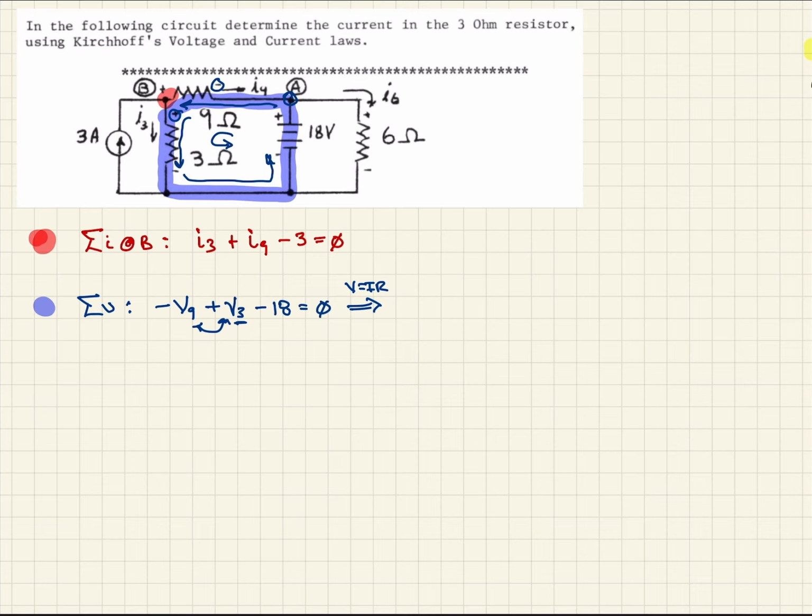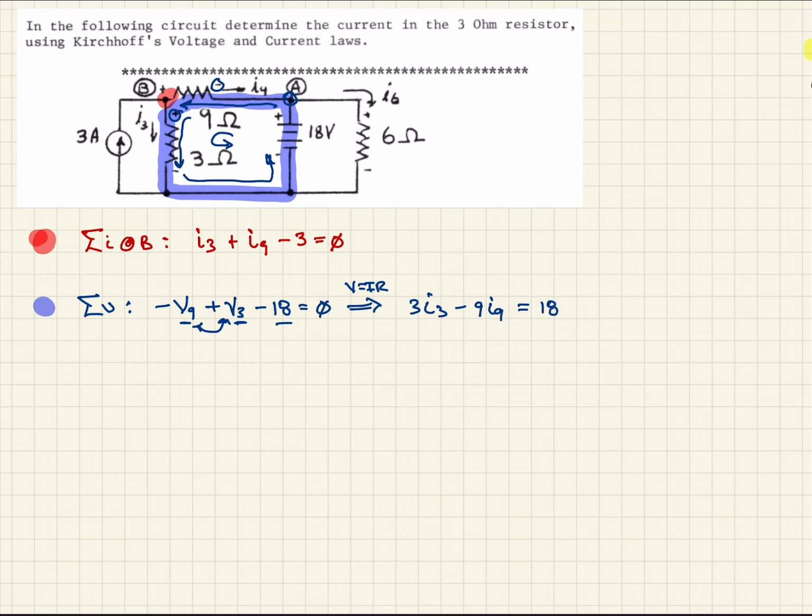So the I is I3, and the resistance is 3 ohms. So that's that component. Next we have our minus V9. So now that's going to be minus the current is I9, and the resistance is 9 ohms. And then this just stays the same. We'll move it to the other side. So we add 18 to both sides, and that'll equal 18.